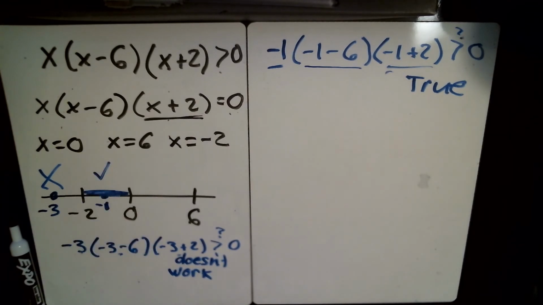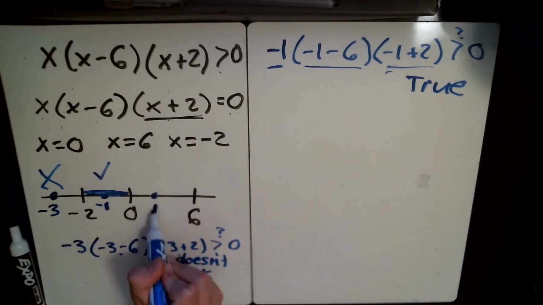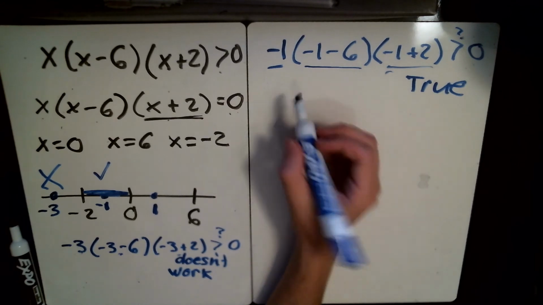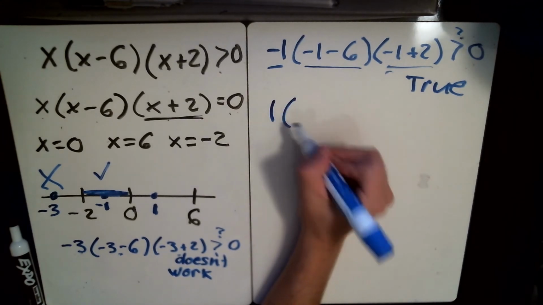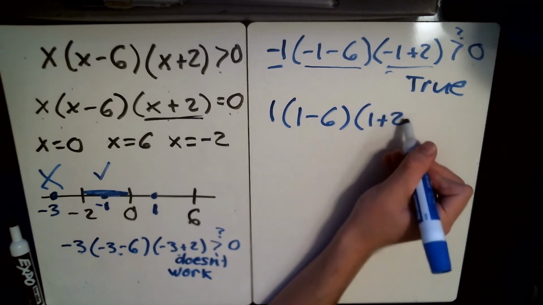Okay, let's try another number and see if this is going to work as well. In between 0 and 6, what could we do? Maybe I'll just do 1 because that's a nice number. I'll plug in 1 for x: 1 times (1 minus 6), times (1 plus 2).